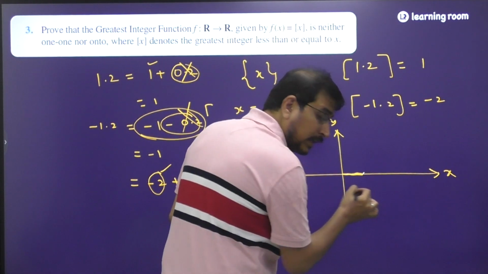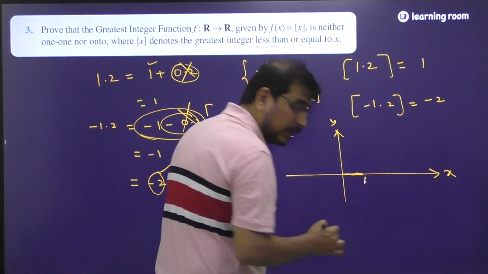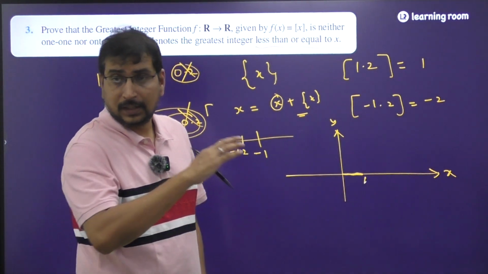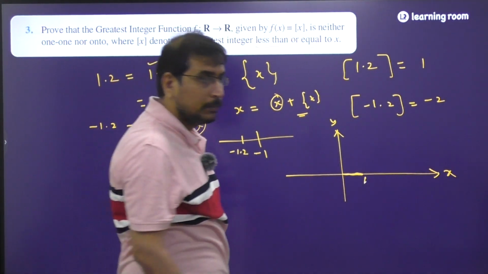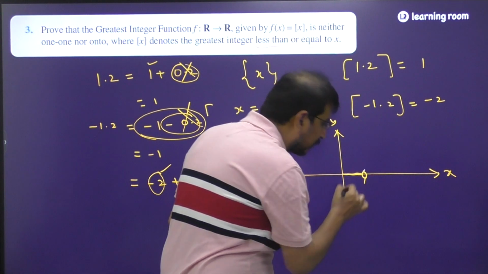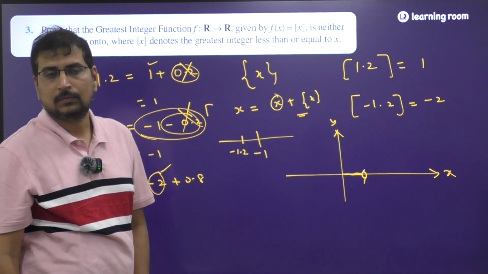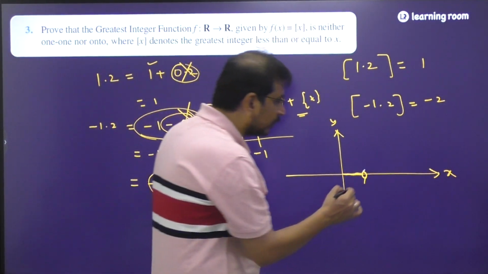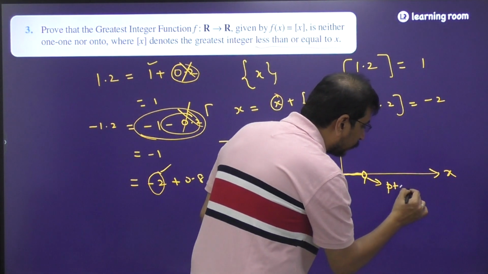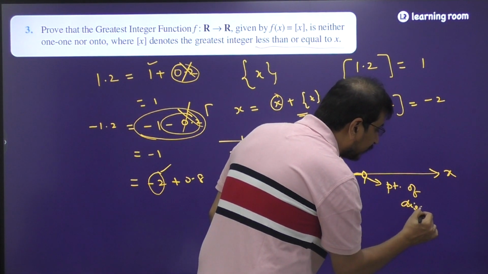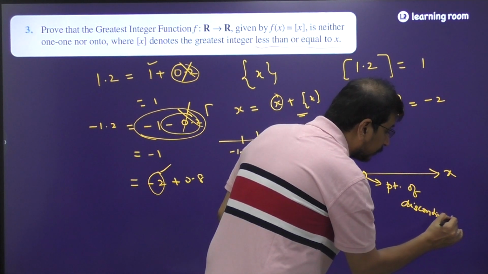Exactly at 1, what will happen? The graph will shift to 1. Meaning, you need to put an open circle like this. So this open circle is generally the representation of a point of discontinuity. Have this in your mind.